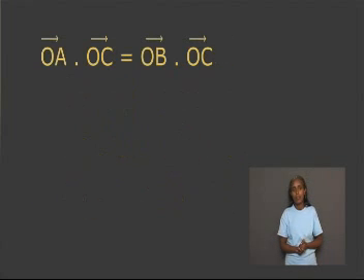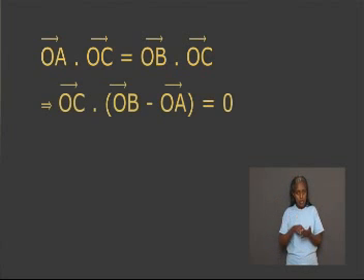By combining these two sets of relationships, we see that the dot product of OA and OC is equal to the dot product of OB and OC.